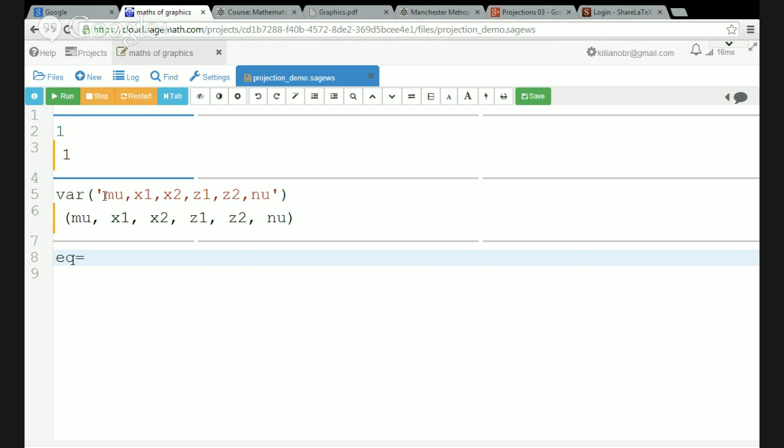And then we'll define the equation. So what's the left-hand side of the equation? Well, we're looking at equation B, and you're replacing f lambda with z1 minus u, z2 minus z1. It's z1 plus, sorry, plus.